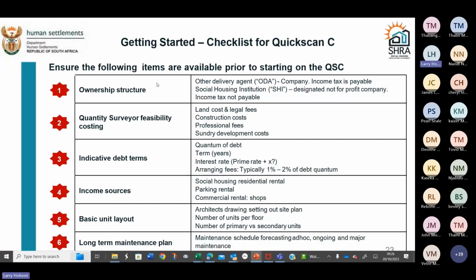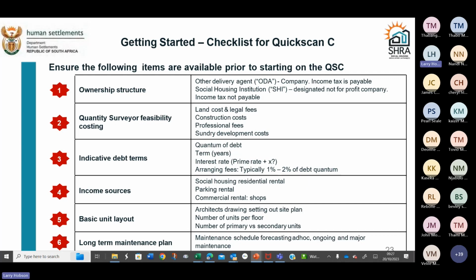There's a section on the ownership structure where you have to enter that. Then you look at your feasibility costing. This goes into your construction schedule, your CapEx schedule, where you've got sections for land costs and legal fees, construction costs, professional fees, sundry development costs.